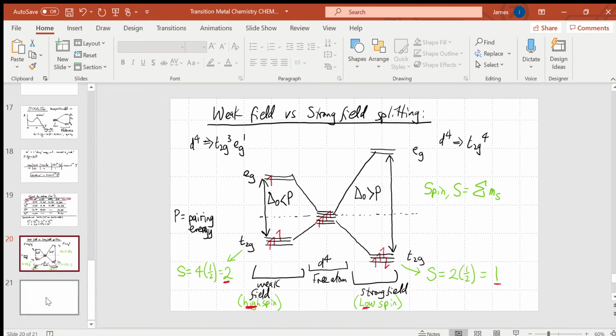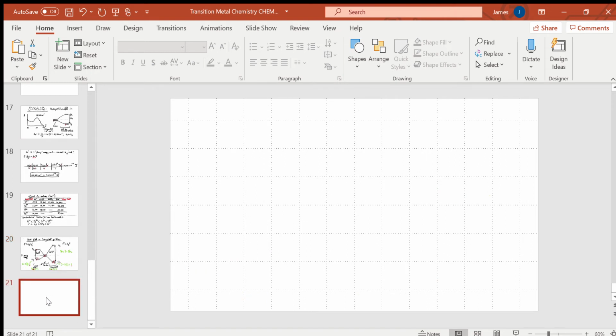Okay, let's try and look at the origin of this now. The origin comes from pi donor and pi accepting ligands. So let's have a look at pi donor ligands.